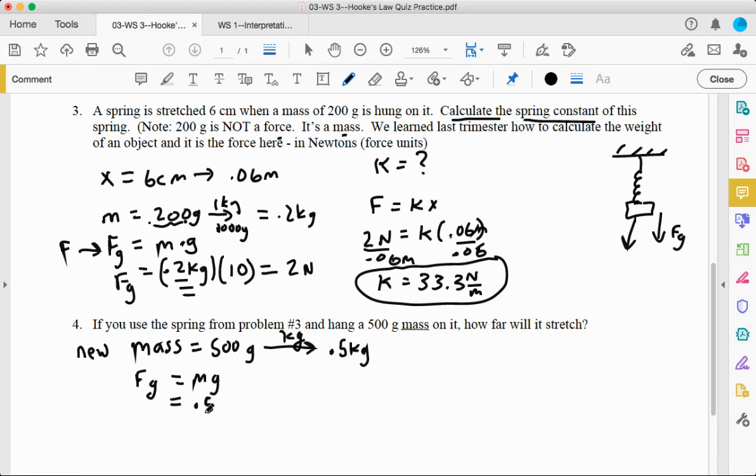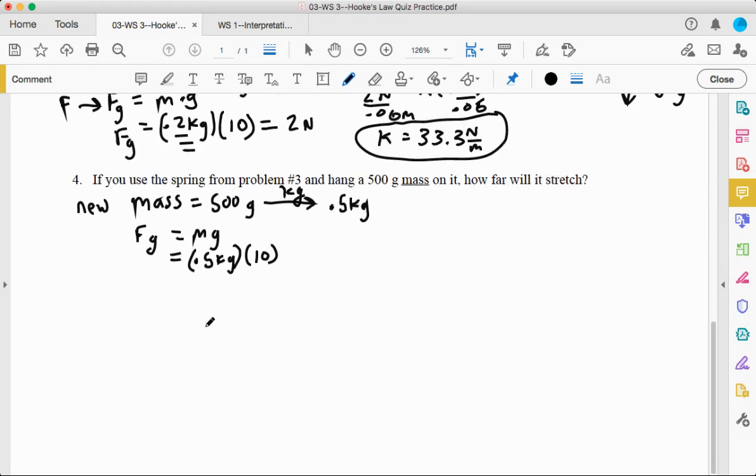So that'd be 0.5 kilograms times 10 for gravity, which gives us a force on this hanging spring of 5 newtons now. And it's the same spring. Putting a different weight on it doesn't change K. Our K that you just calculated should have been 33.3 newtons per meter.